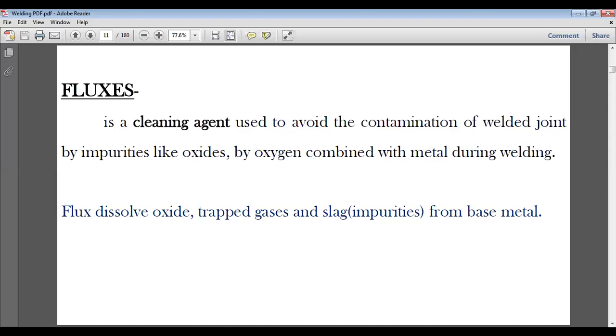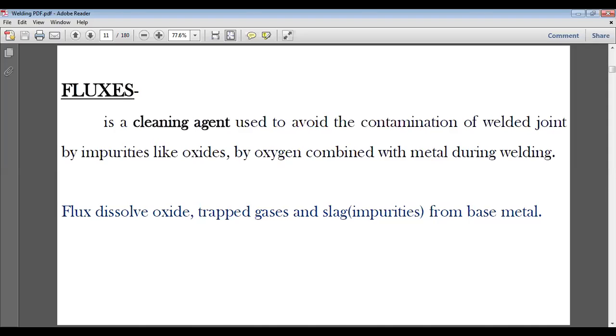Not only does flux provide the envelope or keep the parent metal intact, at the same time it also takes away any dissolved oxygen that comes in and forms metal oxide. Flux also dissolves or absorbs oxides.